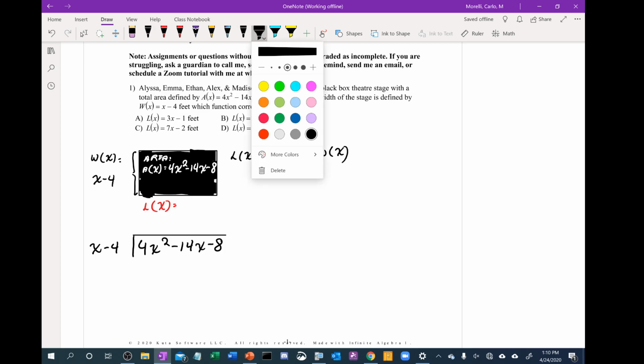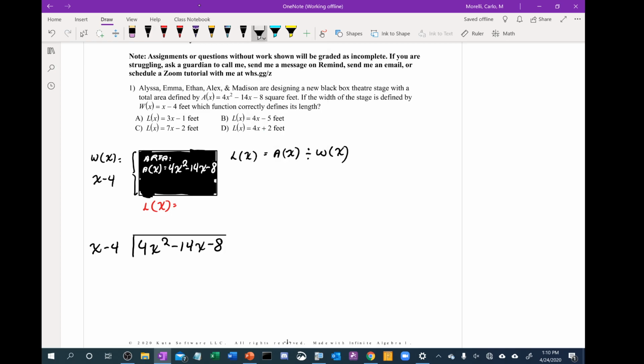And so we start out here, we'll use gray. We divide the first term of the dividend by the first term of the divisor. So that gives 4x squared over x. There's nothing to reduce numerically, so we just apply the quotient rule. Remember, there's an exponent of 1 in the denominator variable.